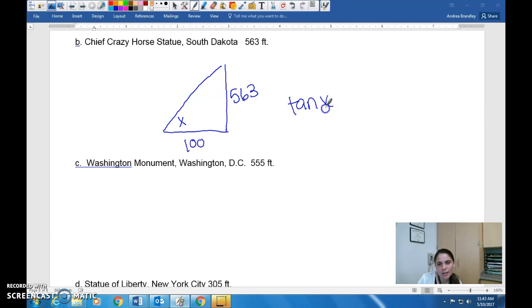So the tangent of x is equal to the opposite over the adjacent, and then I can take the inverse tangent of both sides. So the inverse tangent of 563 over 100 is equal to almost exactly 80 degrees. So my angle is 80 degrees.